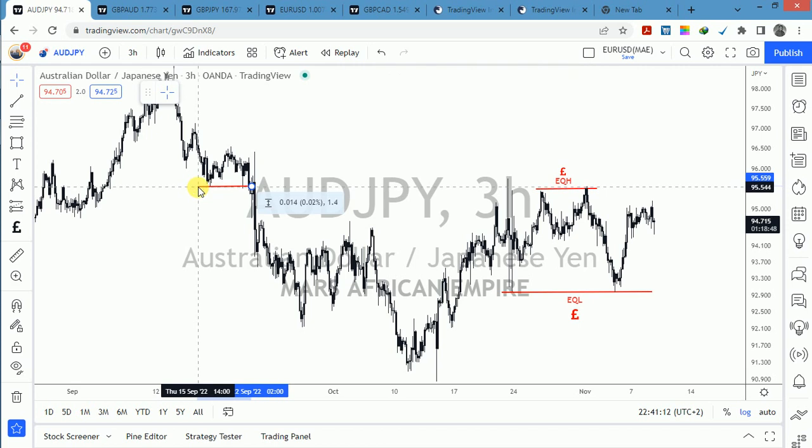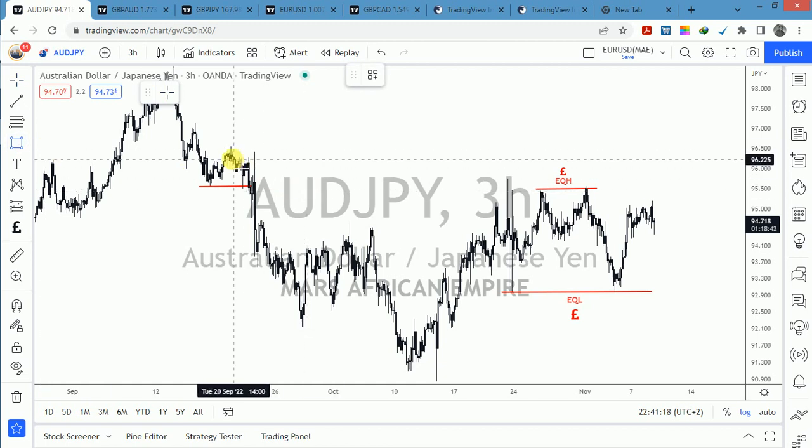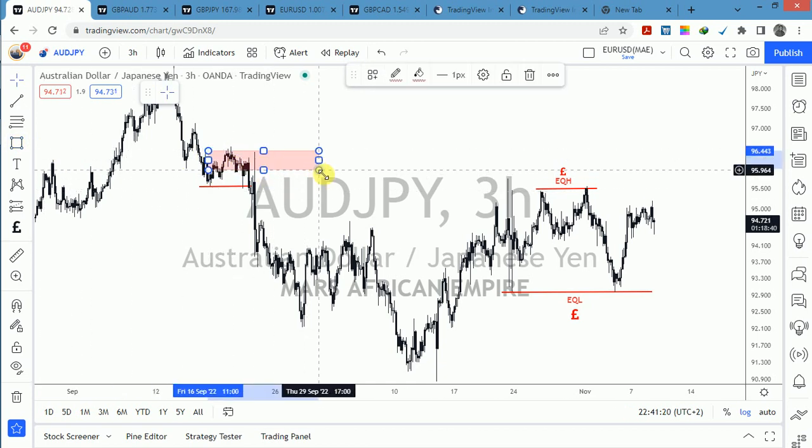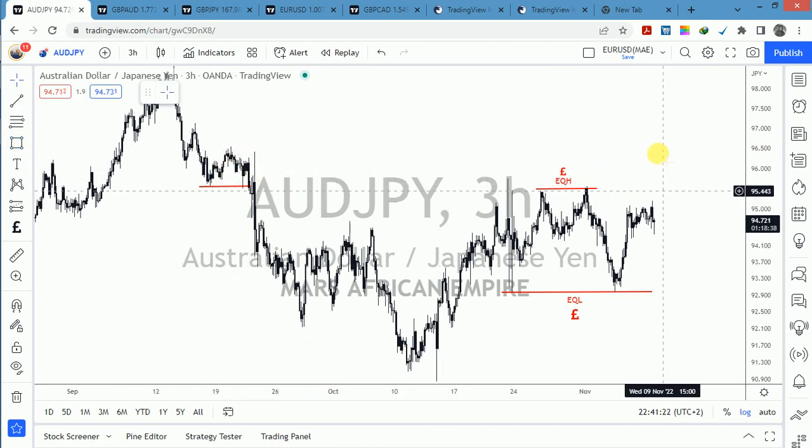That is a break of structure. So with that break of structure, I'm assuming that there has to be an order block somewhere here that we are going to mitigate before we can continue to drop.